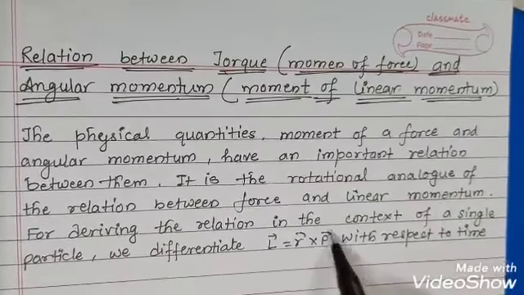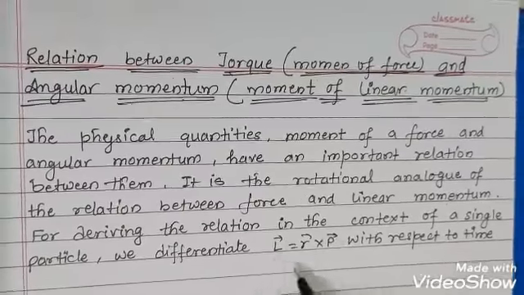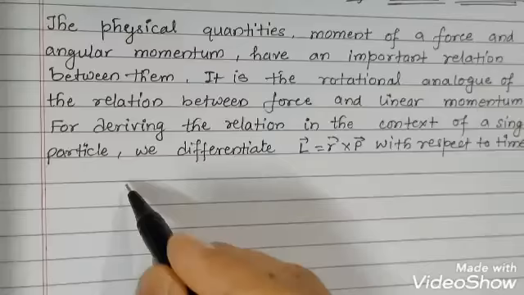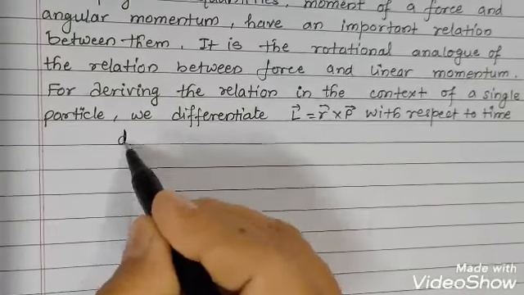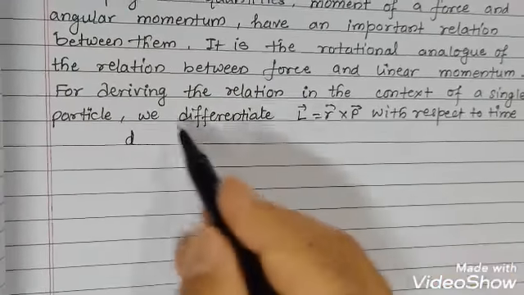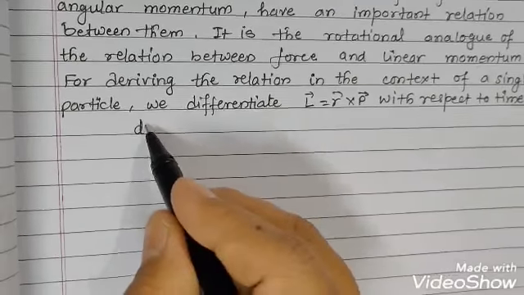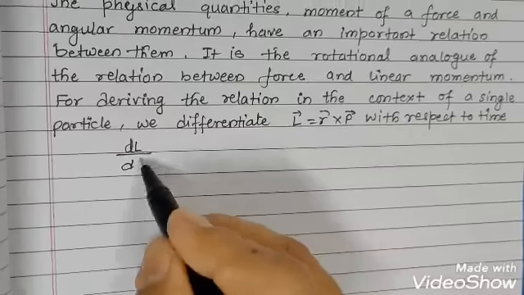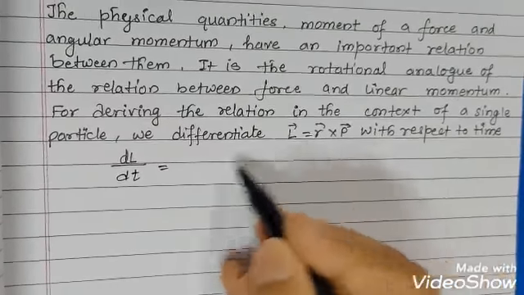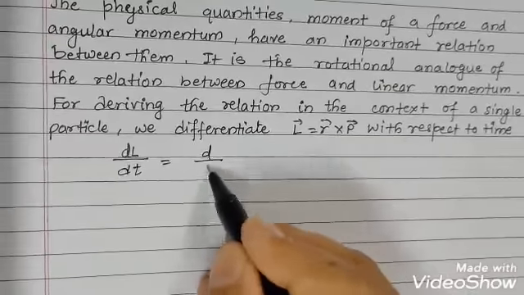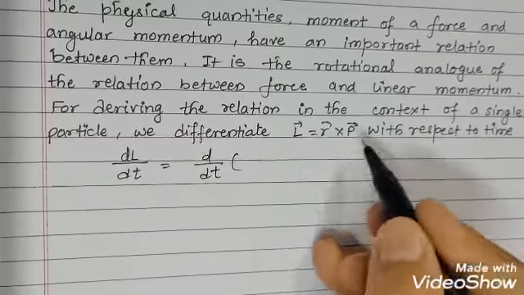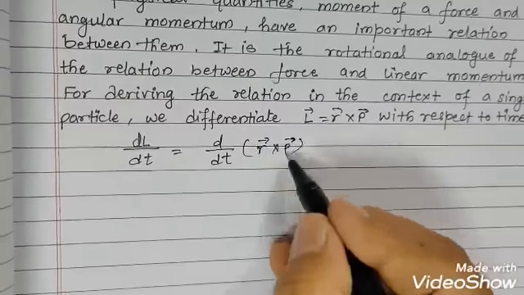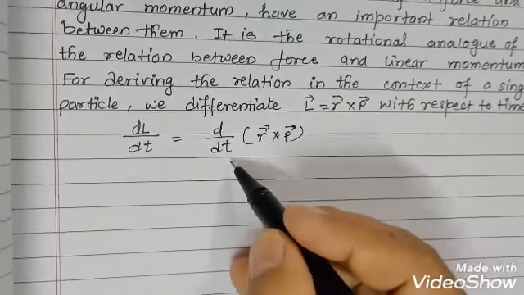So this is the left hand side, differentiation of angular momentum with respect to time, and the differentiation of the cross product of r and p with respect to time.